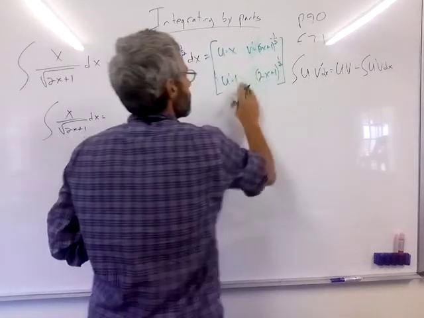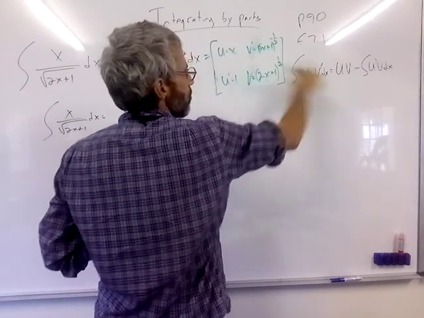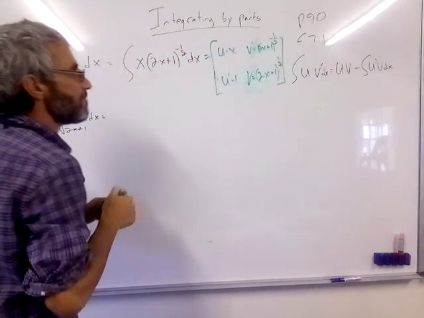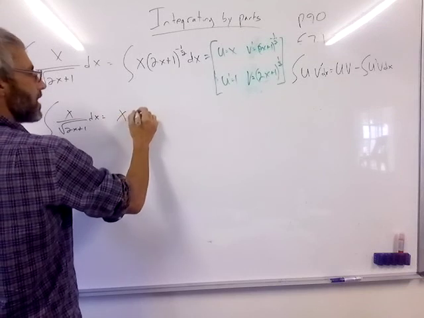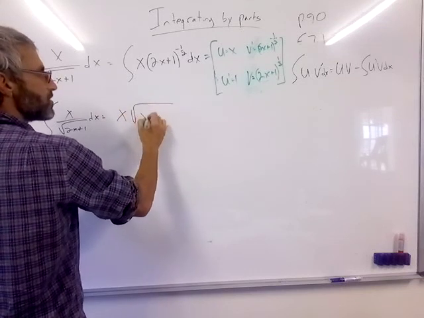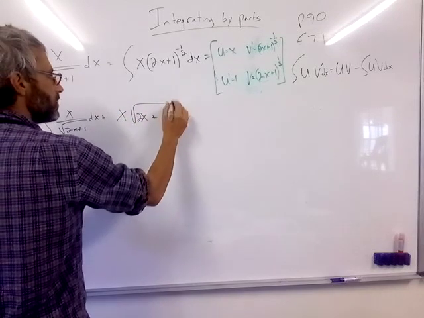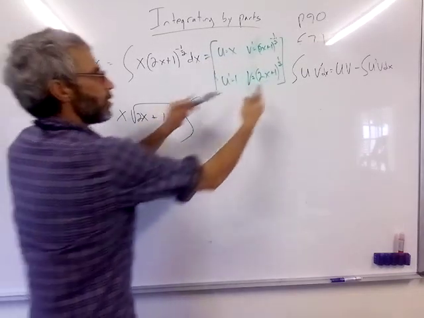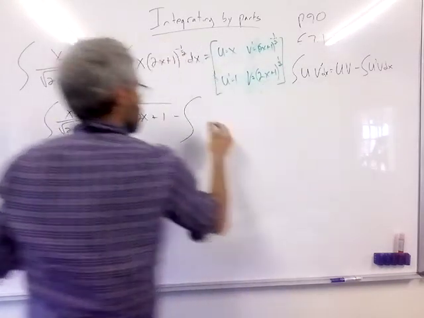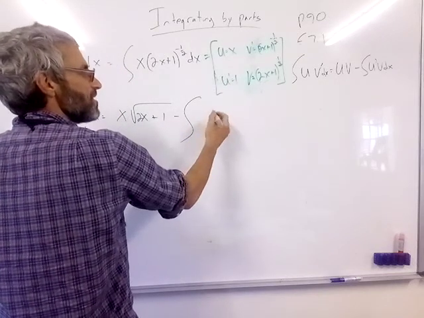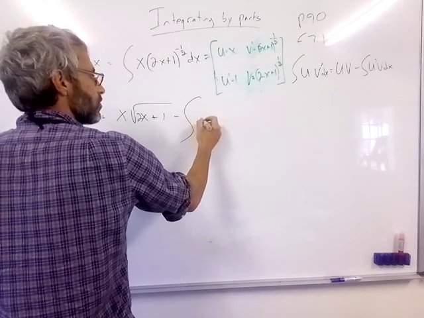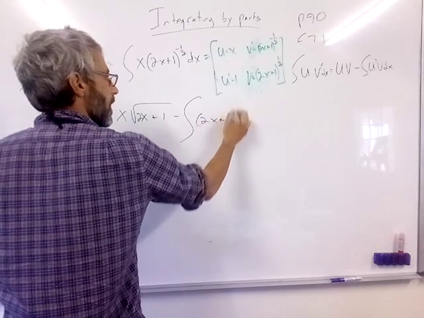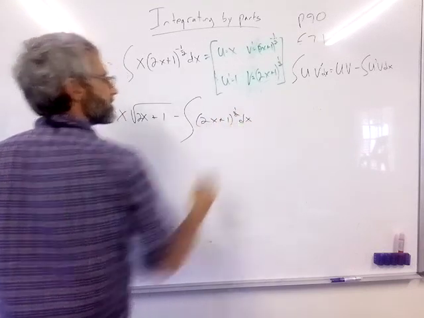So it will be u times, not the integral, just u times flat out, x times, I'll write it already as square root 2x plus 1. That's u times v, minus the integral of u prime v. But again, u prime is 1, so I don't even need to write it. So it's just simply the integral of (2x plus 1) to the power half dx.